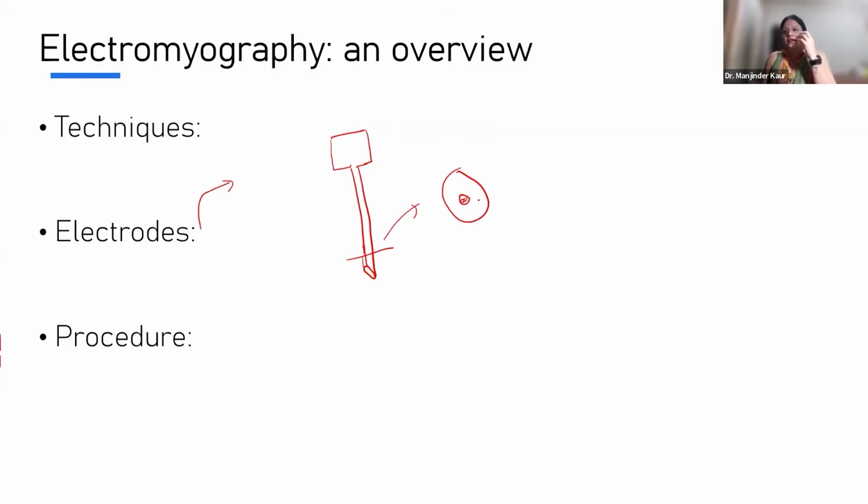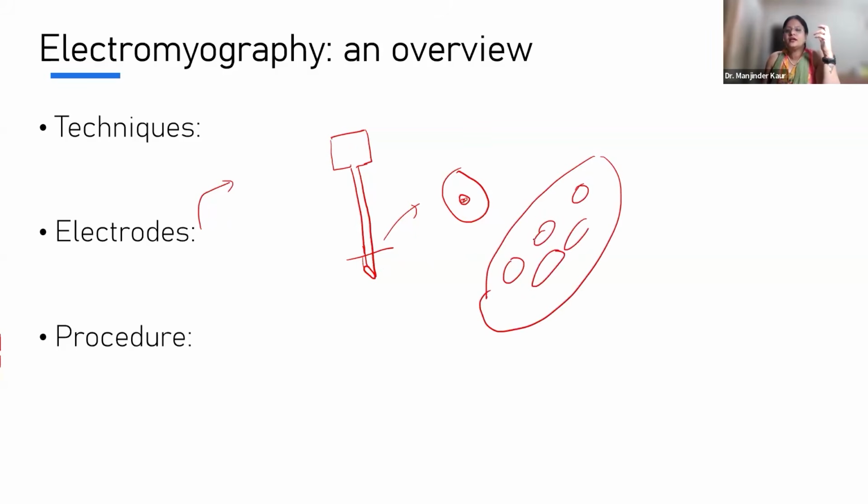So this forms the positive and negative electrode both in a single needle. राइट. सो इस नीडल को अगर हम कट सेक्शन देखें हाथ का या कहीं का भी, तो अपनी मसल्स अगर यहाँ पड़ी हैं, फॉर एग्जांपल दिस इज द मसल, दिस इज द बोन. सो इस नीडल को हमें मसल में पहुंचाना है. सो वी हैव टू पियर्स थ्रू द स्किन एंड द नीडल गोज इनटू द बेली ऑफ द मसल.